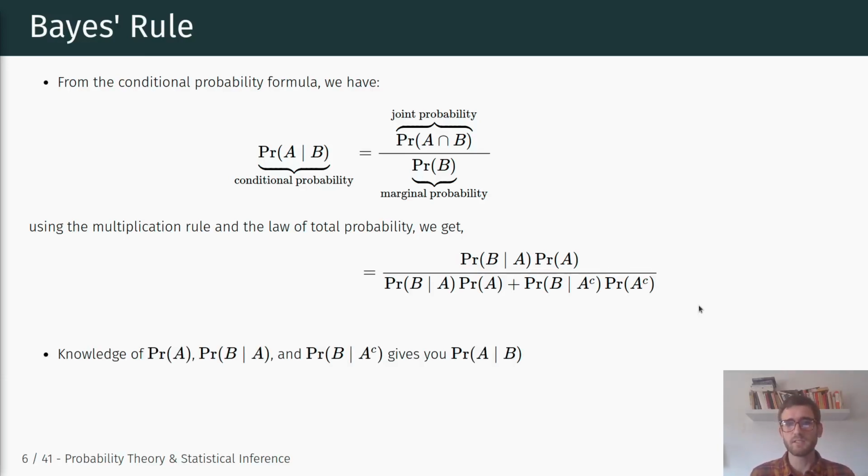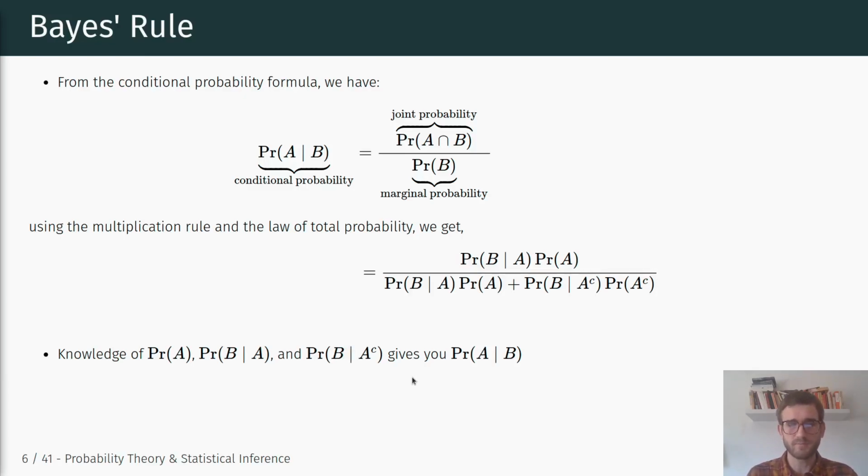Bayes' rule gives us a way of computing the conditional probability of A conditional on B based on the probability of A, the overall marginal probability of A occurring, the probability of B conditional on A, and the probability of B conditional on A complement, right?